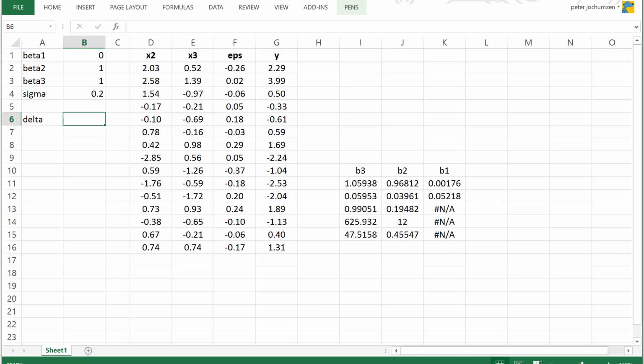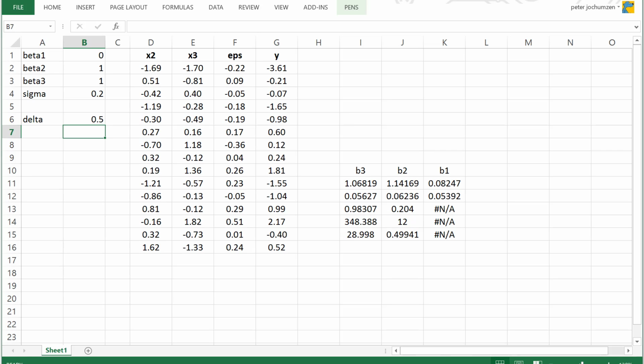And when it takes the value 1, they will be 100% dependent. And any value in between, you will have some dependence. And the strength of the dependence will be measured by this delta. So let's set it to say 0.5, the halfway in between case.